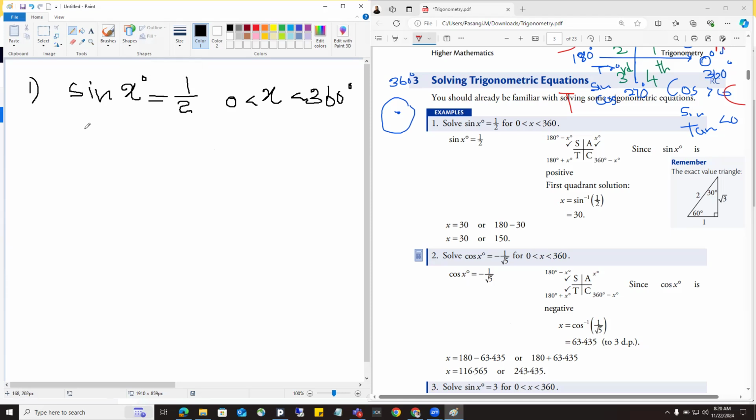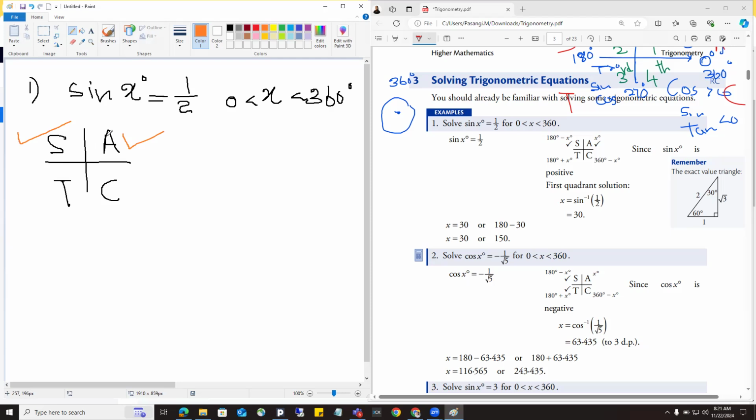Now according to the four quadrants, All St. Thomas College, since sin x equals half, this x angle can be either in the first quadrant or else in the second quadrant. Those are the only two positions this angle can be.